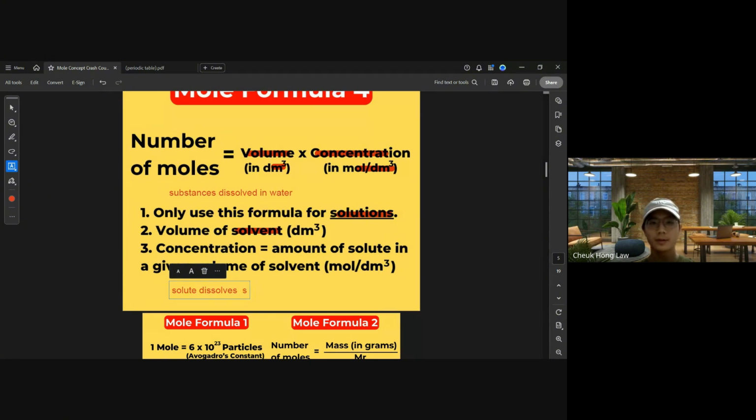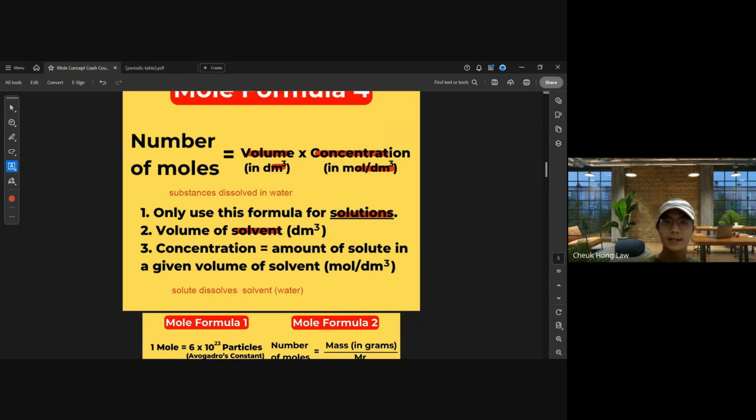And then your solvent is usually water. It will dissolve the solute. Okay. So concentration is how much solute is there inside a solvent. The higher the concentration, the more solute there is inside a given amount of solvent. And the lower the concentration, the less solute in a given amount of solvent.